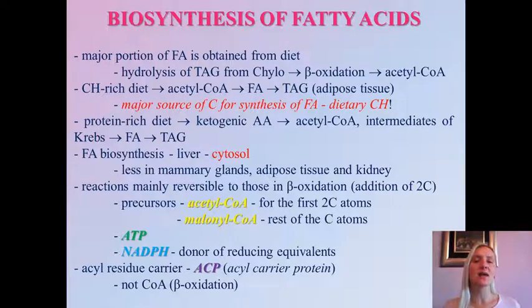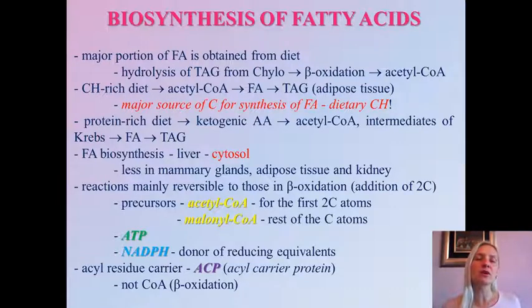First, acetyl coenzyme A. But acetyl coenzyme A in its original form is used for incorporation of only the first 2 carbon atoms into the fatty acid chain. All other carbon atoms are incorporated from malonyl coenzyme A. So malonyl coenzyme A is considered to be a precursor for fatty acid synthesis.